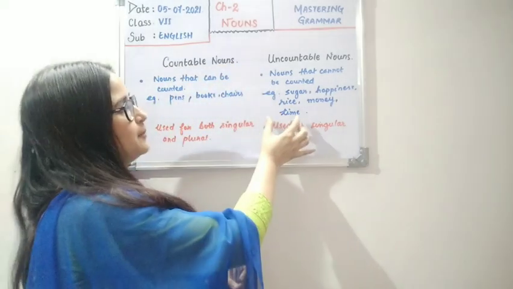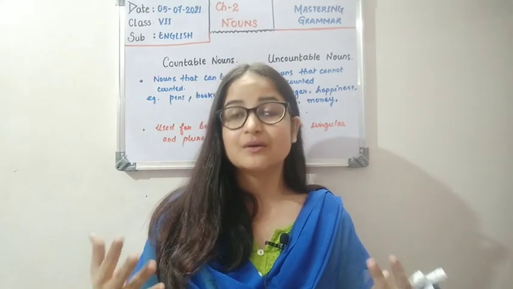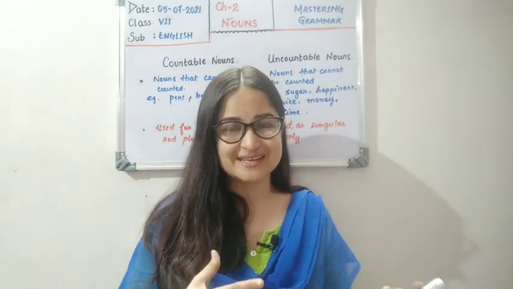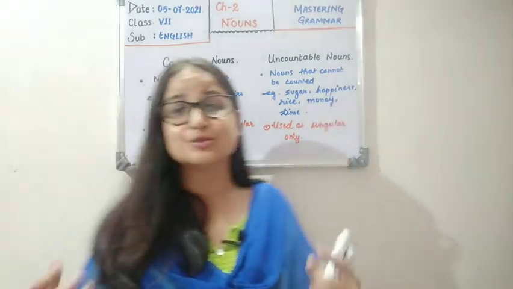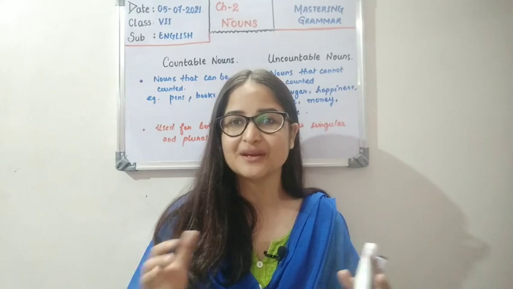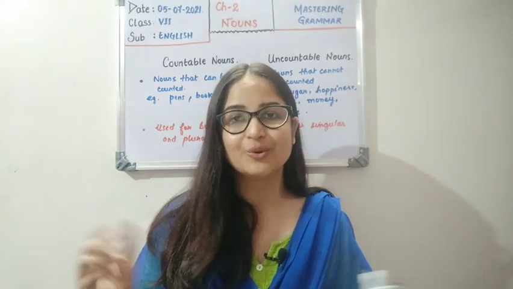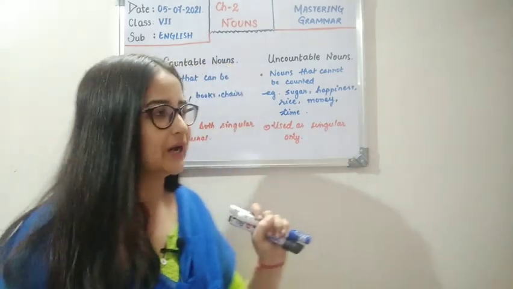If you're talking about time, we do not call it times. Not in the noun sense, not in the particular sense, but in the general sense. Happiness, we do not say happinesses. So we don't make a plural out of an uncountable noun.